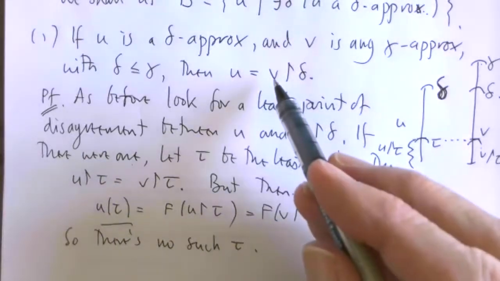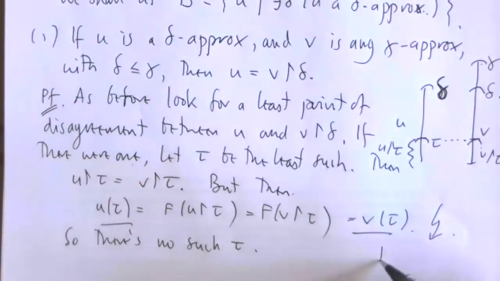V cut down to the length of U agrees with U. And at this point in the proof of recursion on the natural numbers, I said, well, if there was a function h, it would be unique because of this argument.